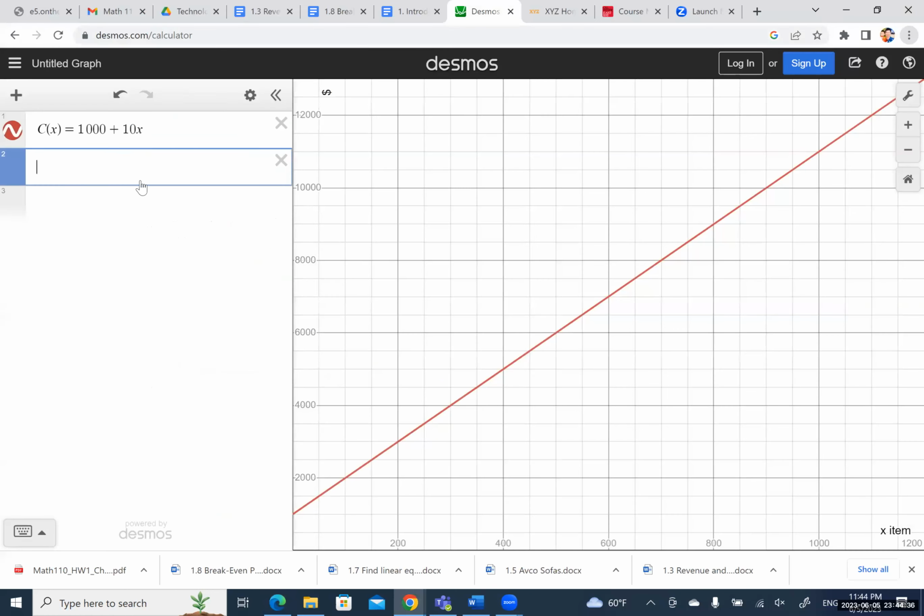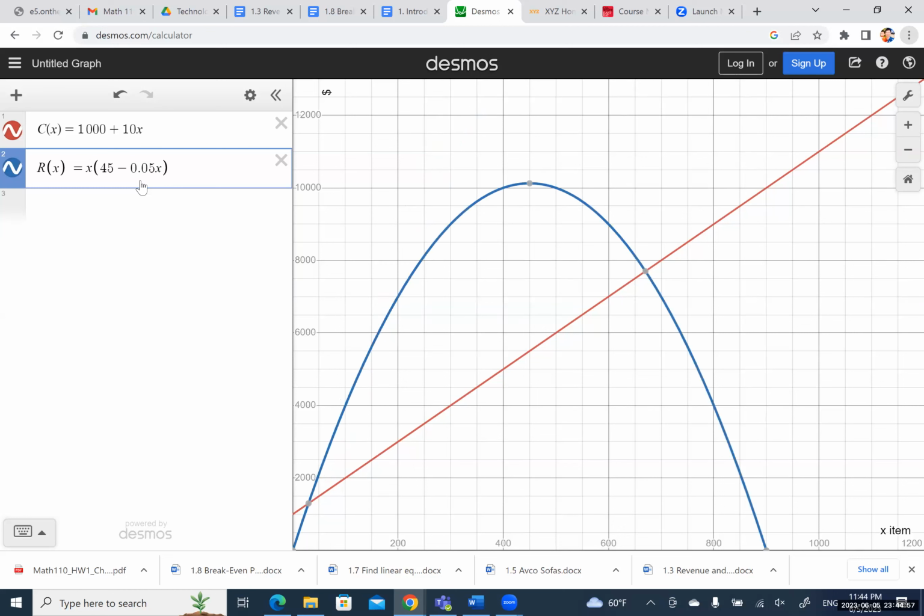So let's start now. R of x equal to x times 45 minus 0.05x.